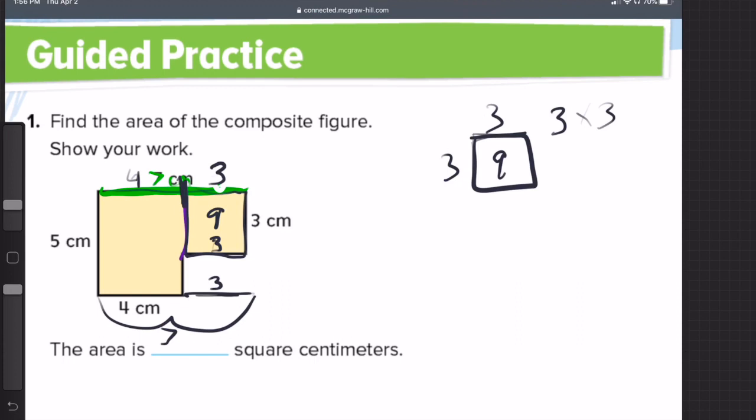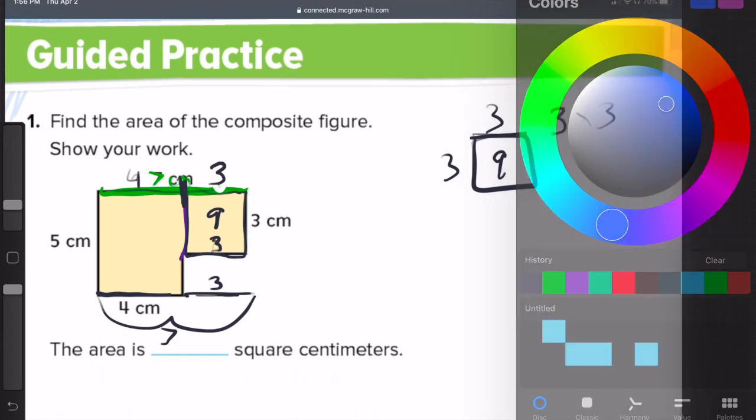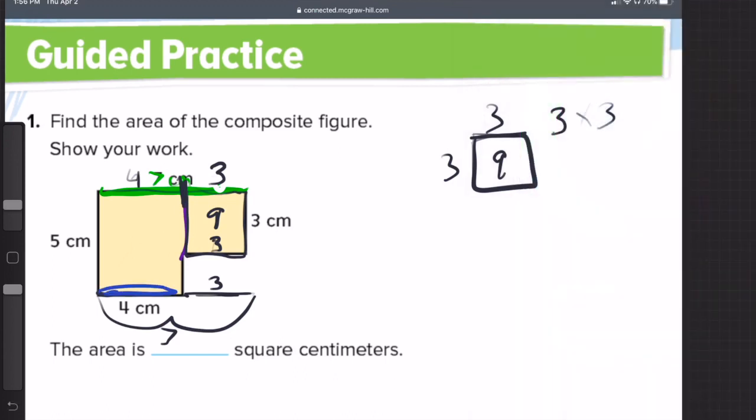Then we just have to find out the area of this larger rectangle. Now, luckily, we don't have to find any missing sides because I see on the bottom it says it is 4 centimeters right here, and along the side is 5 centimeters. So I have everything I need to know to find the area of this blue rectangle. I have 5 times 4 because I have length times width. 5 times 4 equals 20.